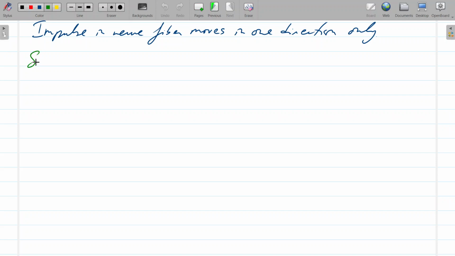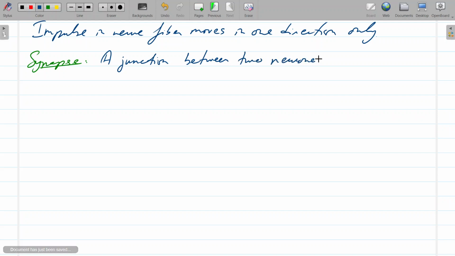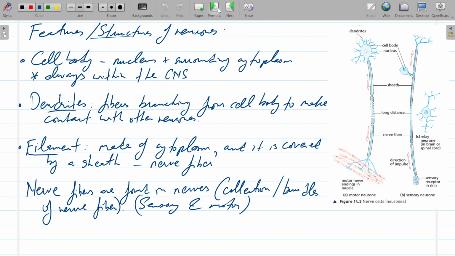So the synapse is the junction where neurons connect with neurons, a junction between two neurons. Each neuron that is connecting to the next neuron has a synapse. So if there are 10 neurons connecting, even in this case, going back over here, you see all these dendrites.